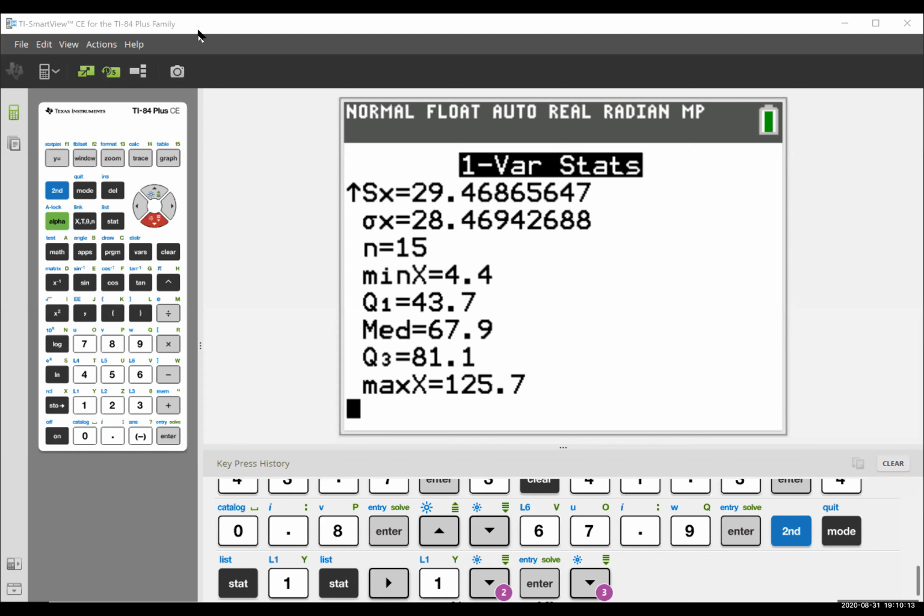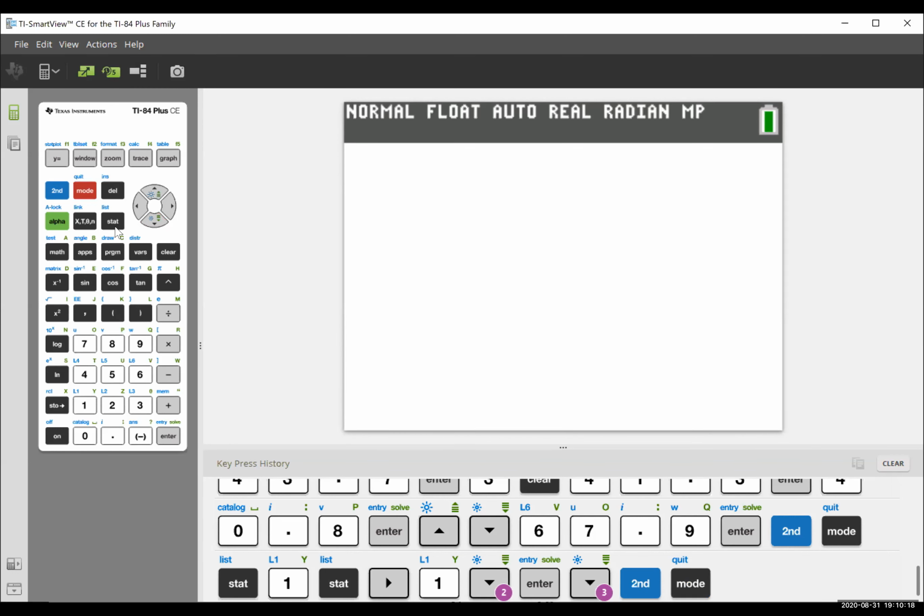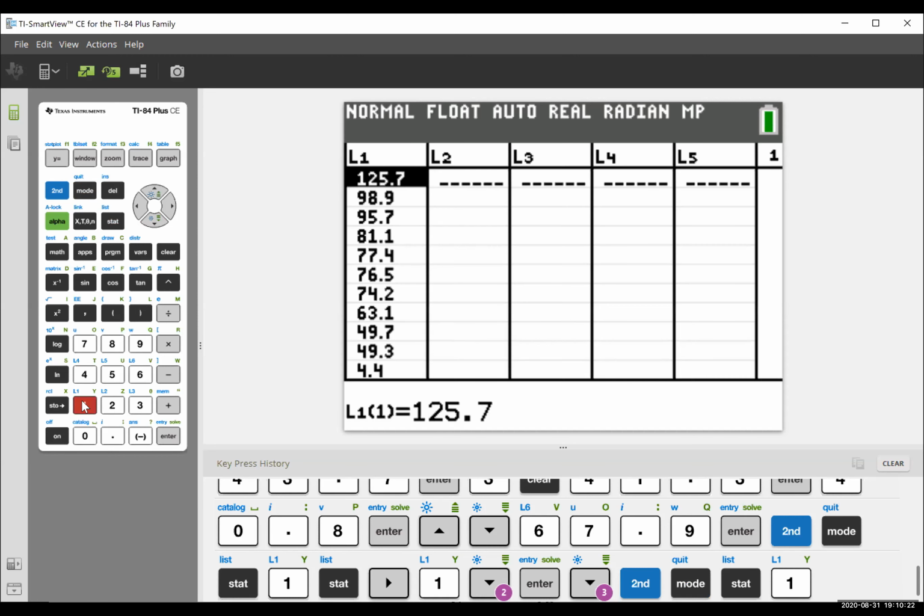a graphing calculator. So all you have to do here is, remember when you enter the data, Stat 1. If you see all this data, you can just delete all this and then enter those 12 numbers. So I took a picture of those 12 numbers.